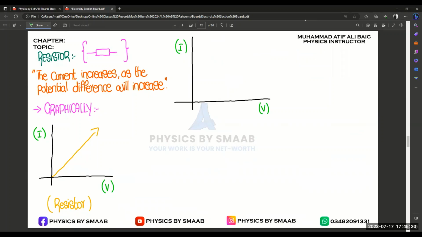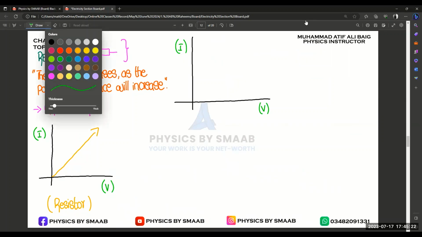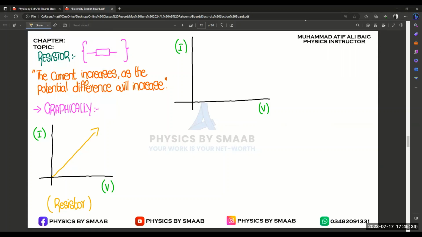Initially both are moving with the same rate, and then the graph changes shape, because voltage is now increasing, and voltage is on the x-axis. If the rate of increase of voltage is greater, your graph will move on the x-axis towards the right-hand side, right? Because voltage is on the x-axis.